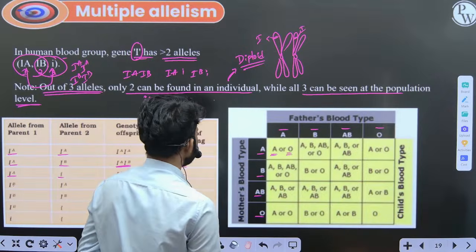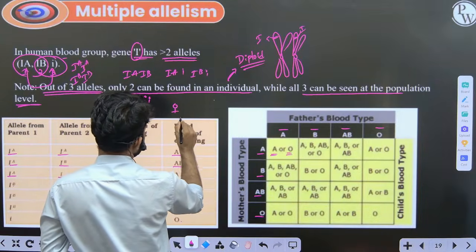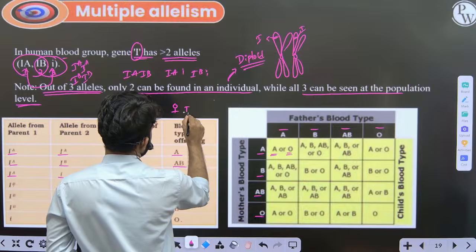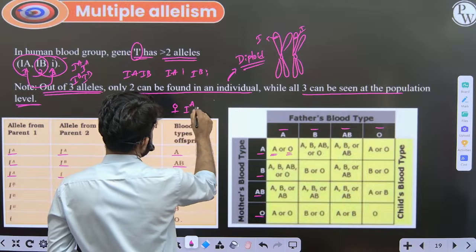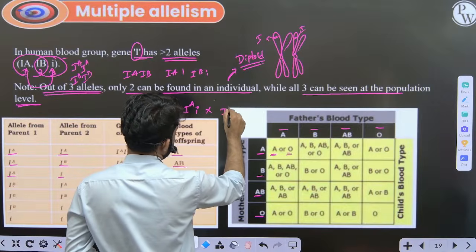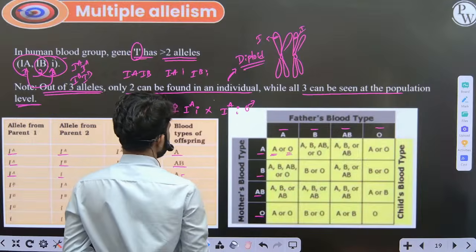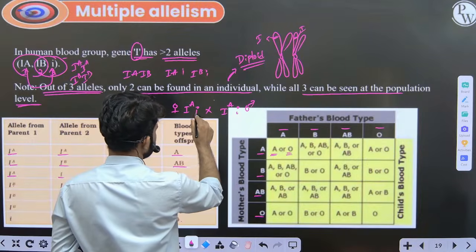So how is it possible? The mother's blood group has IA and i. Again, the father's blood group also has IA as well as i. So that is the father's blood group. What are the possible blood groups here?